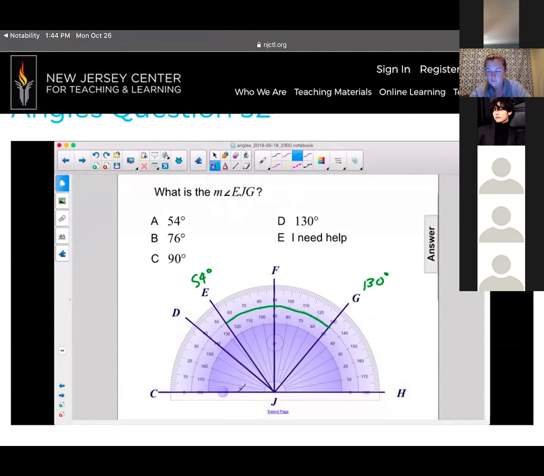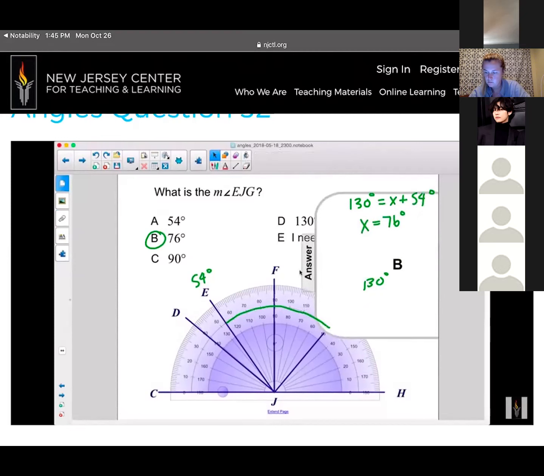Because once again, if this angle is 54 degrees and this entire angle is 130 degrees, then all we have to do is subtract this from the larger amount in order to get this green portion here. So 130 degrees equals x, which is the green amount, plus 54 degrees. Therefore, x equals 76 degrees. So the green area here is 76 degrees. Our answer is B.